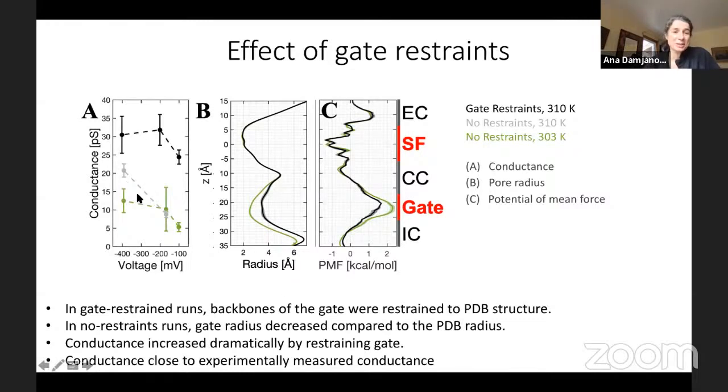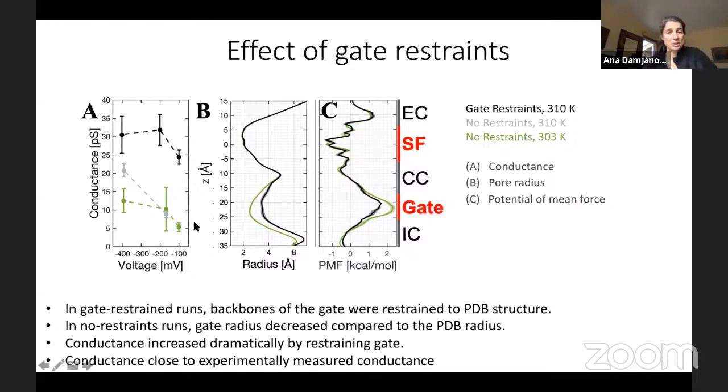So there was a really dramatic change in conductance. If you look at the average values, these are averages over three sets of 500 nanosecond long simulations, and for different voltage values, you can see that the conductance in black, the gate restraint simulations, is much higher and much closer to the experimental value.